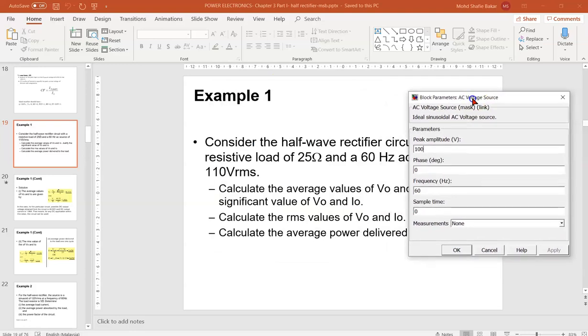So we need to multiply the 110 volt RMS by square root of 2, and we obtain 155.56 volt. We keep the phase at 0 degrees, the frequency at 60 hertz, and the sample time at 0. Then we apply and click OK.